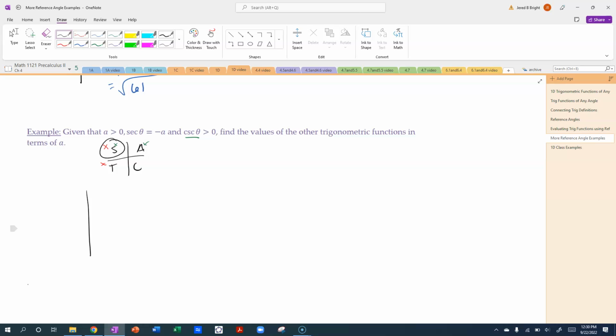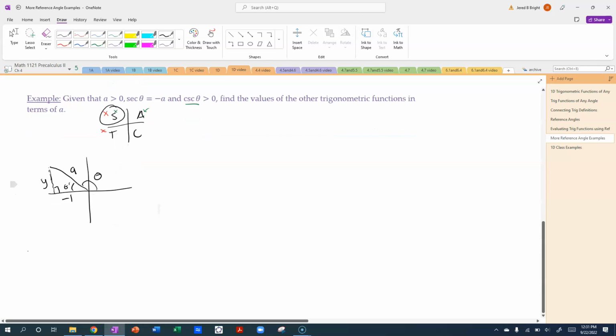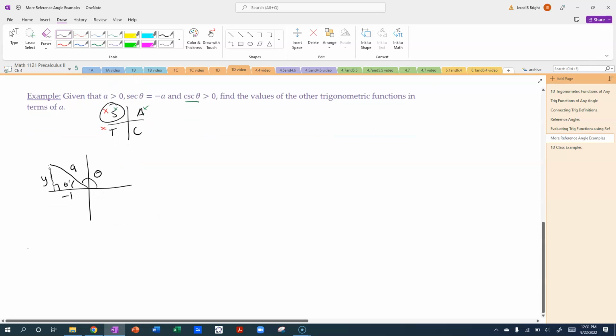Okay, so if I need a little sketch, here's my angle theta. Here would be theta prime. I could make my triangle and say, okay, well, secant is negative a, so hypotenuse is a, adjacent side is negative 1, okay, negative due to direction. It's a triangle, it can't actually have a negative side. But in any case, we have y, I could find y.